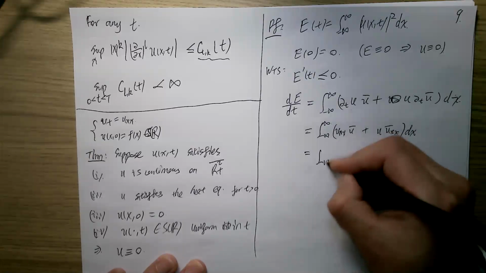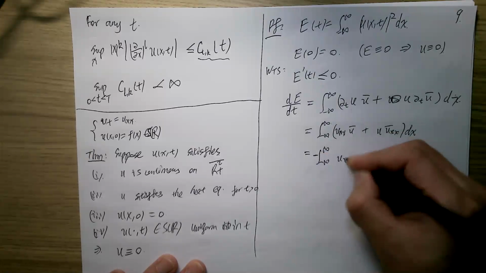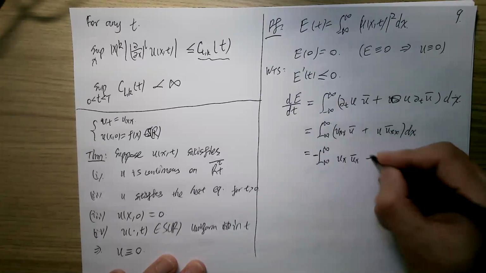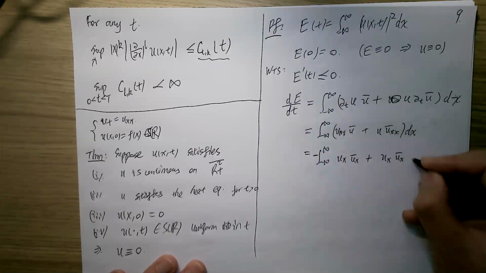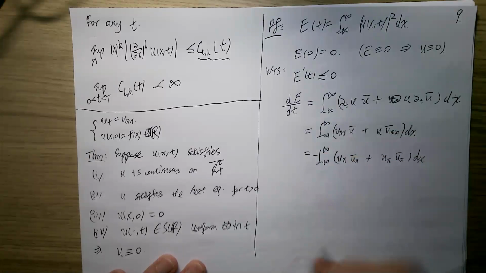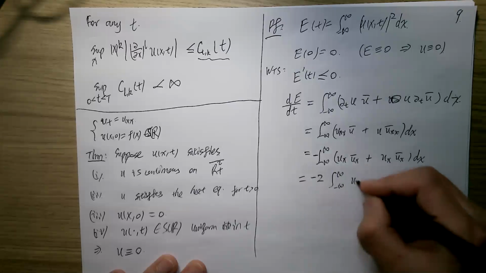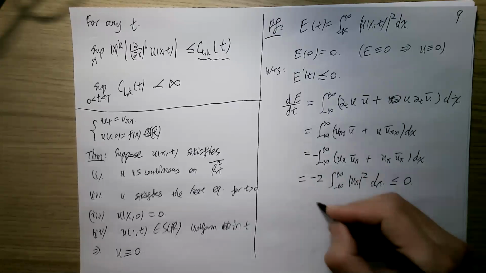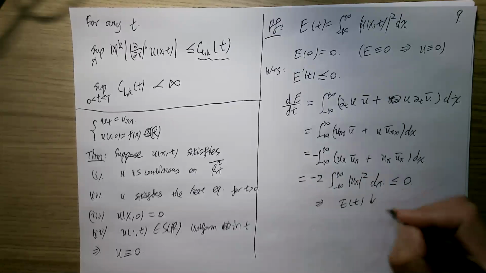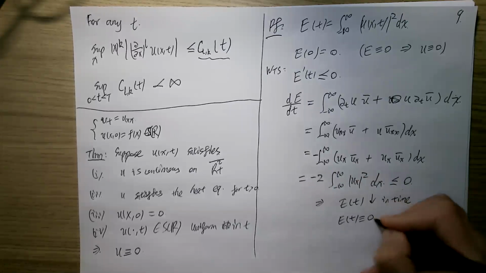So it equals the integral from minus infinity to infinity, with a minus sign, of u_x ubar_x plus u_x ubar_x, which equals minus 2 times the integral from minus infinity to infinity of |u_x|^2 dx, which is less than or equal to 0. So this means E(t) is decreasing in time, then E(t) equals 0 for all time.